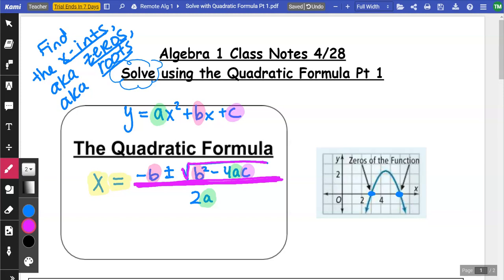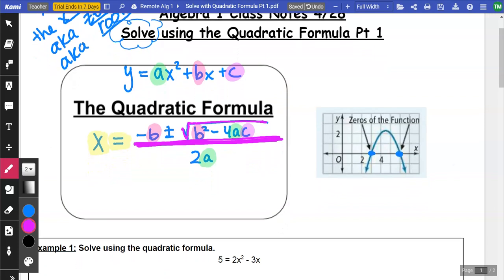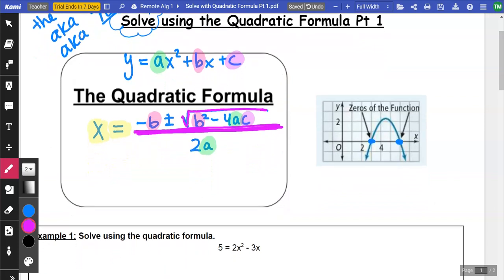So x equals negative b plus or minus the square root of b squared minus 4ac all over 2a. And this formula helps us find the x values, what x is equal to, for these two points, our x-intercepts, our roots, our zeros.